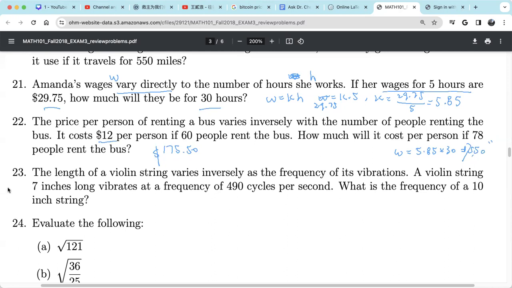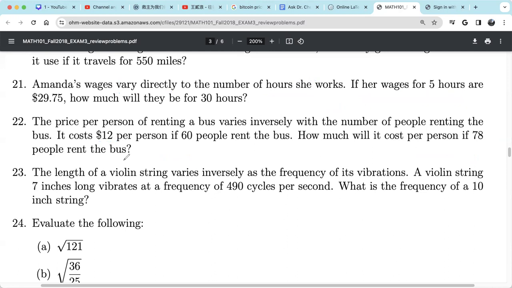Let me erase this for question 22. Now 22: the price per person of renting a bus varies inversely with the number of people renting the bus. Let's say N people. The price, let's call it P, varies inversely.